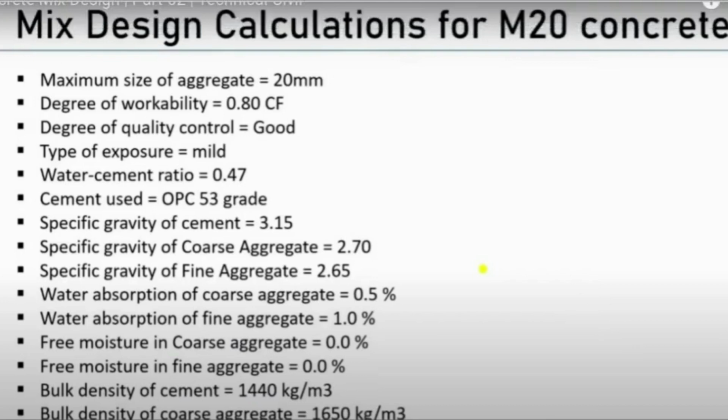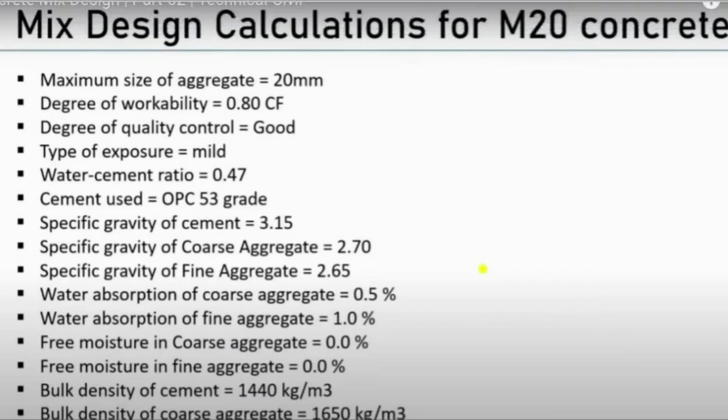So we are considering zone 2 and 20 mm size of aggregate. The total aggregate means sand plus coarse aggregate. The volume of coarse aggregate per unit volume of total aggregate equals 0.62 for 20 mm, zone 2, from Table number 3, clause 4.4.